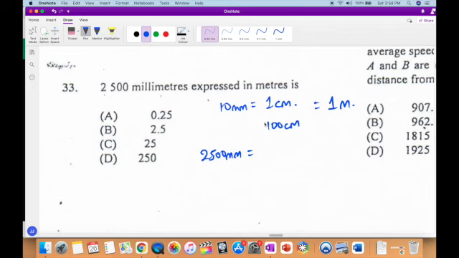Right? Okay, yeah. So that will be 2,500, it'll be 0.25. 2,500 millimeters, well, 100 centimeters is 1 meter.